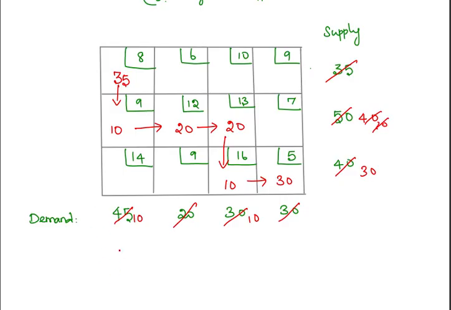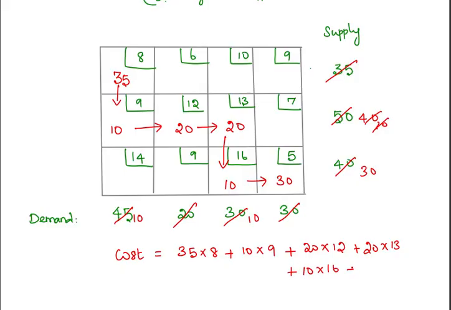So the total cost is 35 units times 8 rupees plus 10 units times 9 rupees for the transportation cost, plus 20 times 12, plus 20 units times 13 rupees, plus 10 times 16, plus 30 times 5.